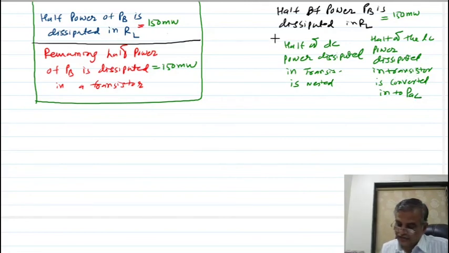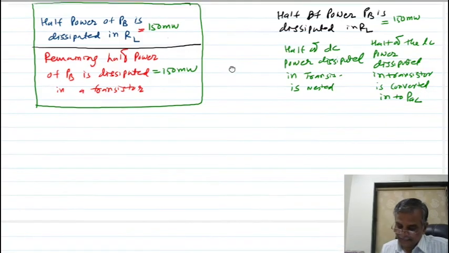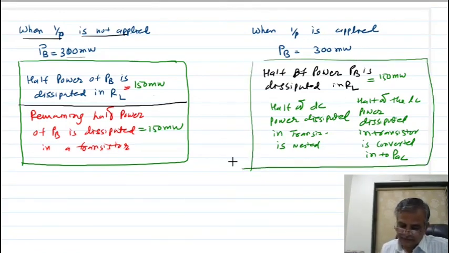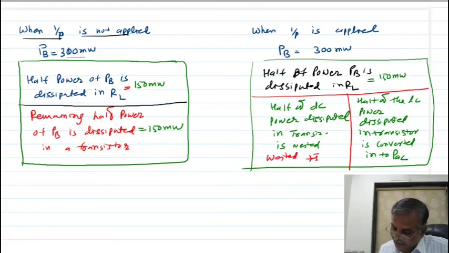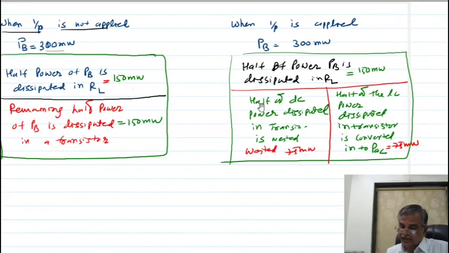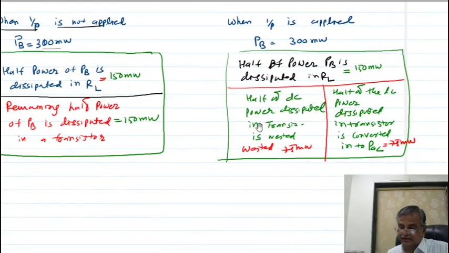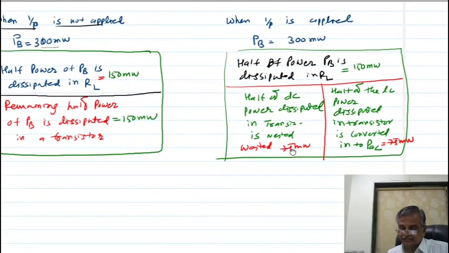Means I want to say like this. See here, how much is wasted? 75 milliwatt. How much is converted? 75 milliwatt of AC power. From this, half of the DC power dissipated in the transistor is wasted. This is the wastage.